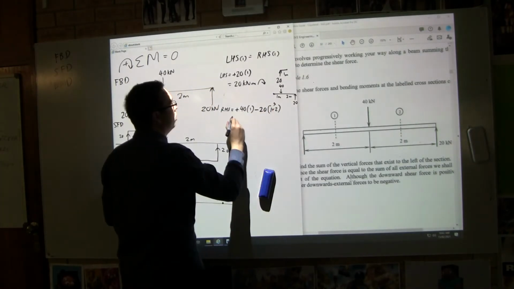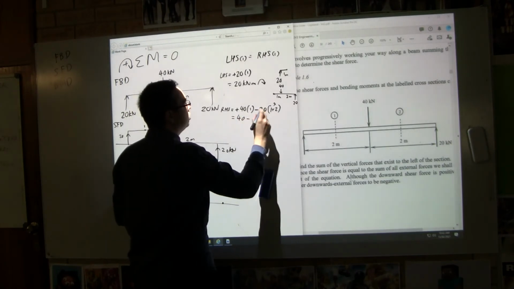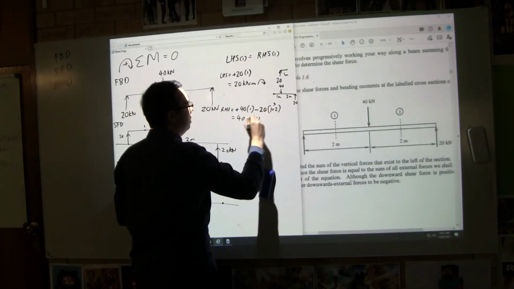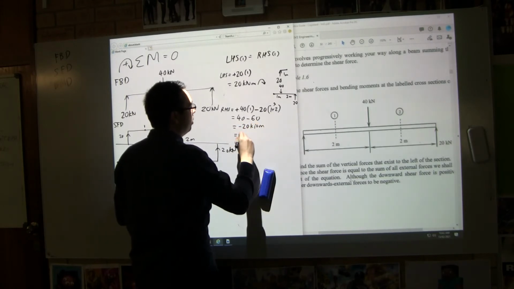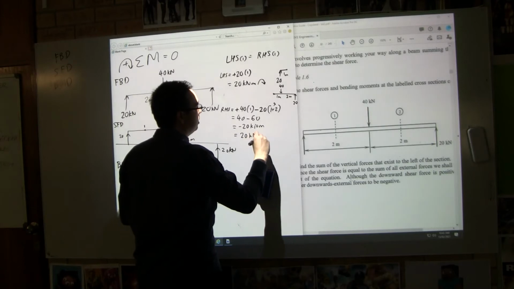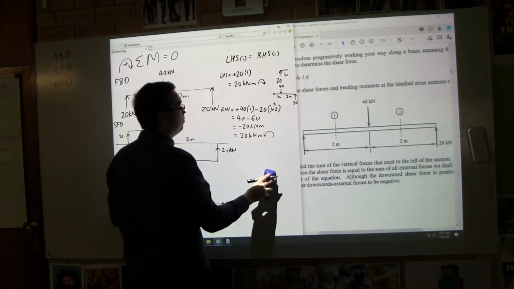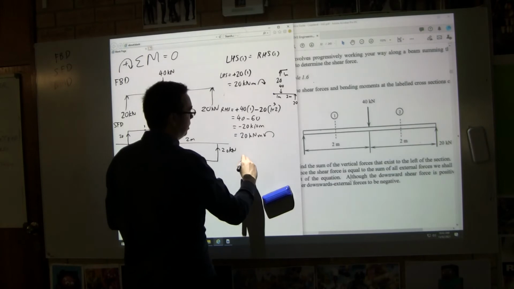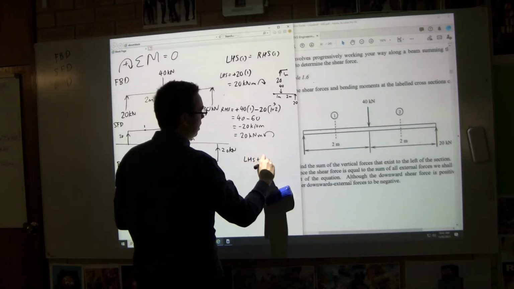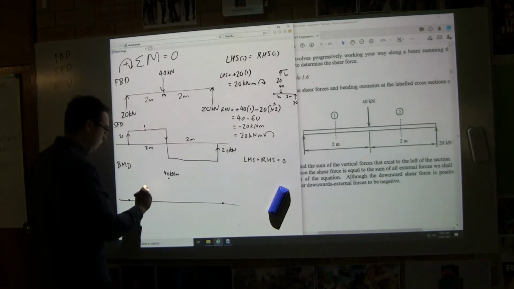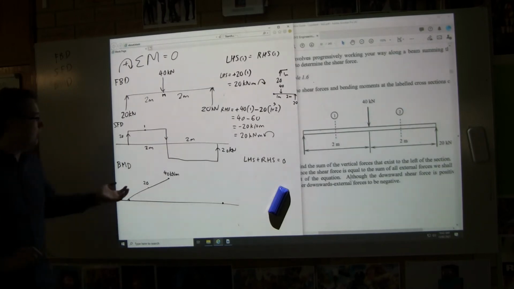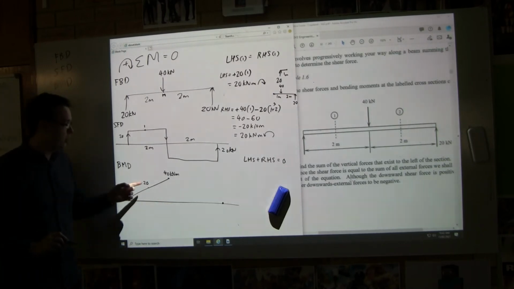So what does that equal? Well, we've got 40 minus 20 times 3 is 60, which gives us the answer of minus 20 kilonewton meters. Or we could write that as 20 kilonewton meters anti-clockwise. What happens there is we can say left-hand side plus right-hand side equals 0.